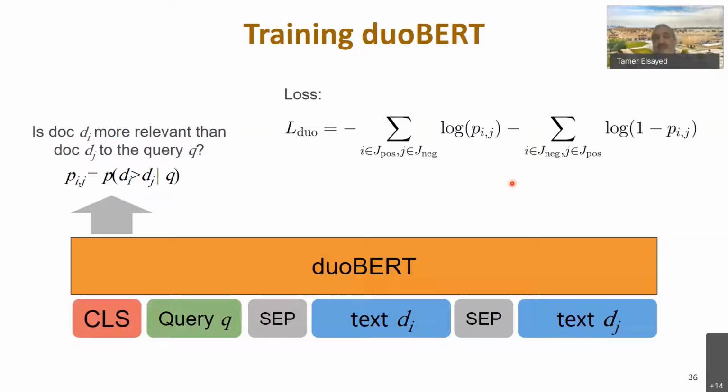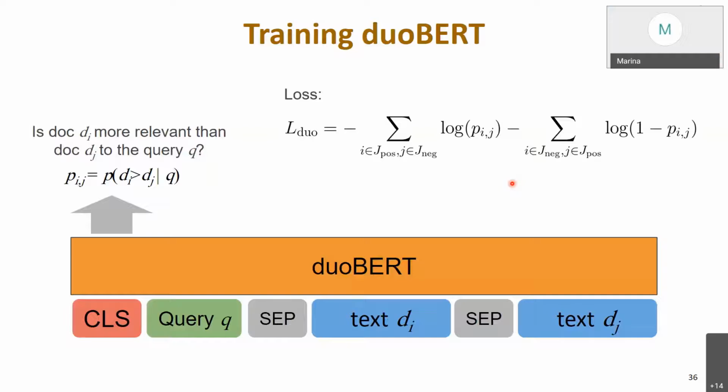So this is the training. Is that pre-training or fine-tuning? Fine-tuning, of course. Is it the same relevance judgments that we used to fine-tune MonoBERT?